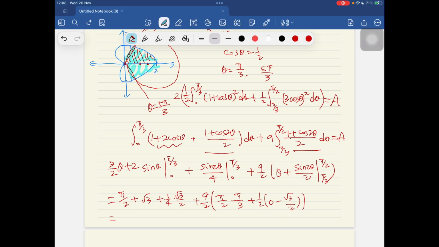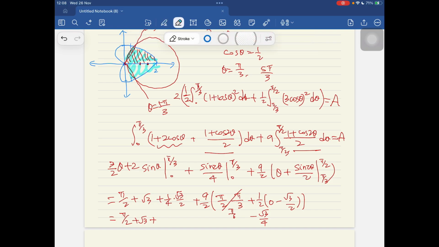So now here pi over 6 minus square root of 3 over 4, pi over 2 square root of 3 over 8.